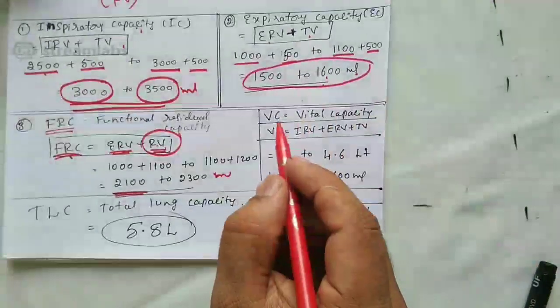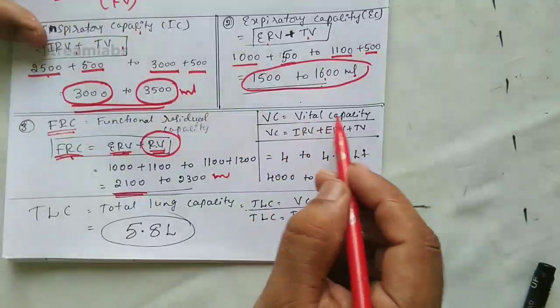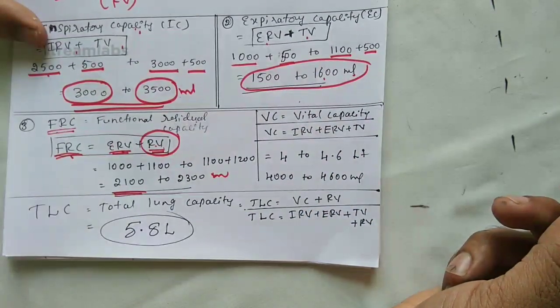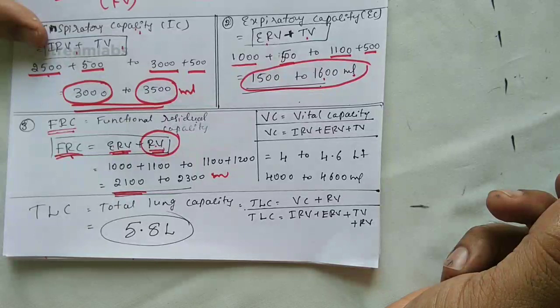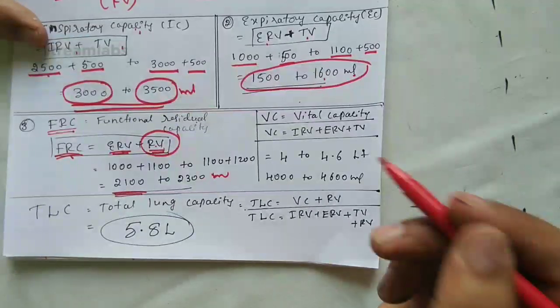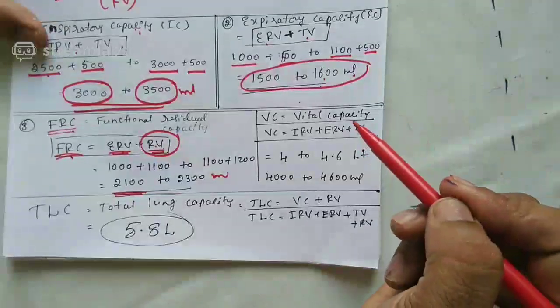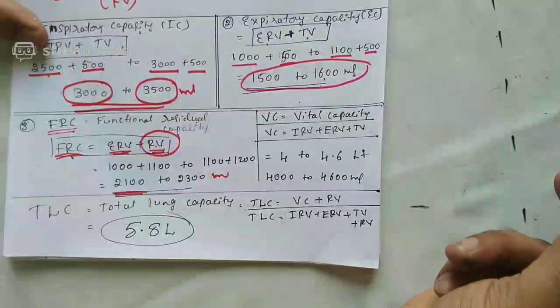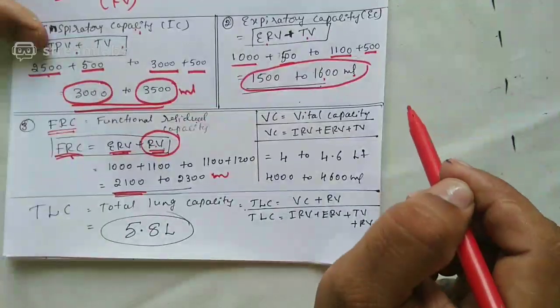Coming back to vital capacity, it can be calculated two ways. First of all, what is vital capacity? It is the maximum volume of air inspired forcibly after forcible expiration. Expiration is forcible, inspiration is also forcible.